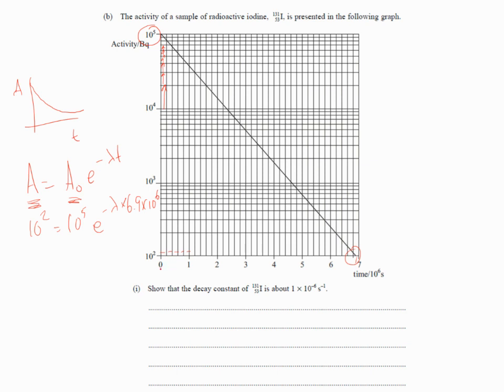If you're not sure how to do this, one way of doing it is this. I'm just going to leave it as t for now, to save writing that long number. Now I can log both sides.